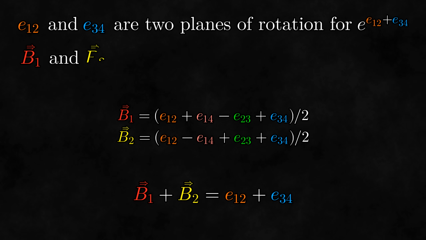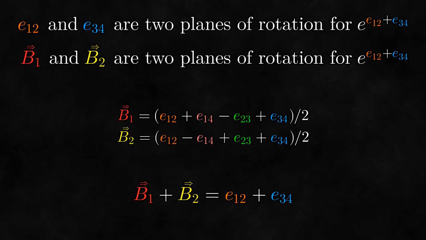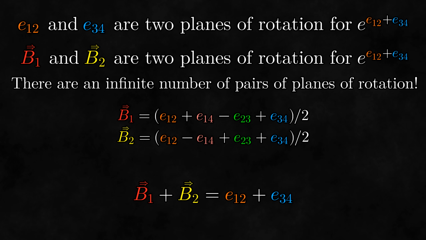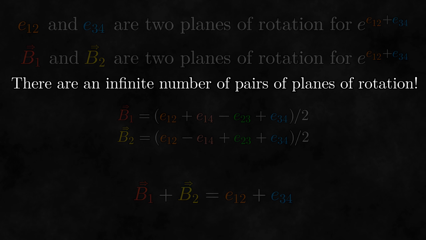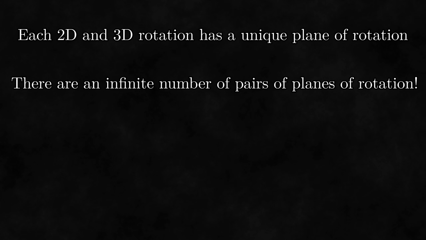This means that these two different pairs of bivectors create the same rotation. In fact, for this particular rotation, there are an infinite number of pairs of planes that generate the rotation. This is a notable departure from 2 and 3 dimensions where each rotation has a unique plane of rotation.